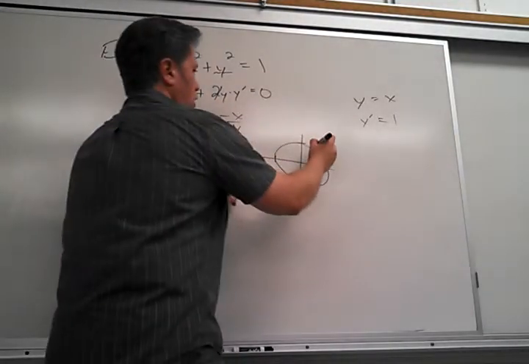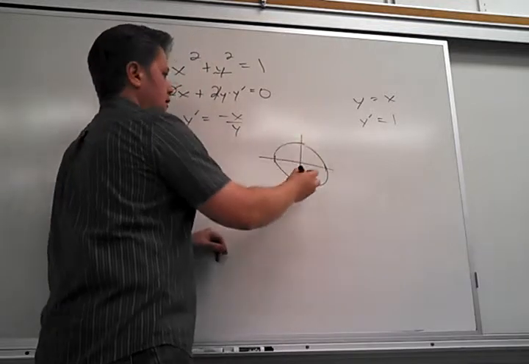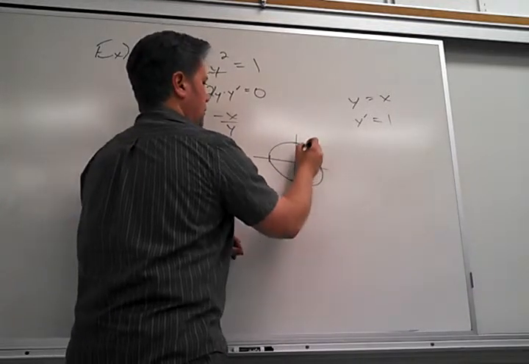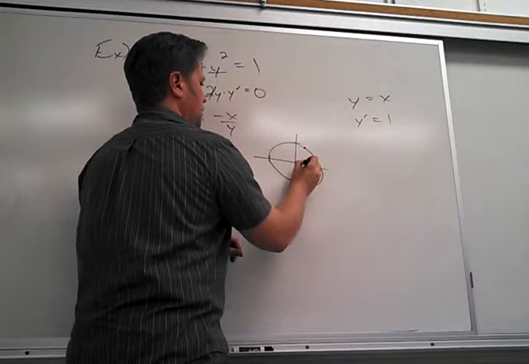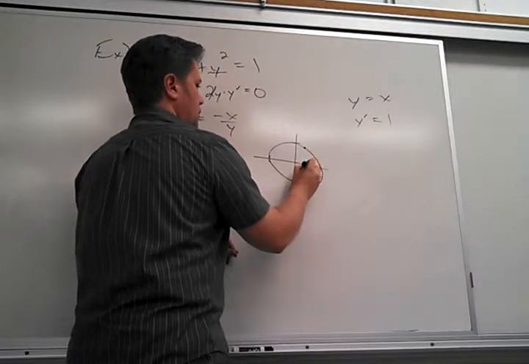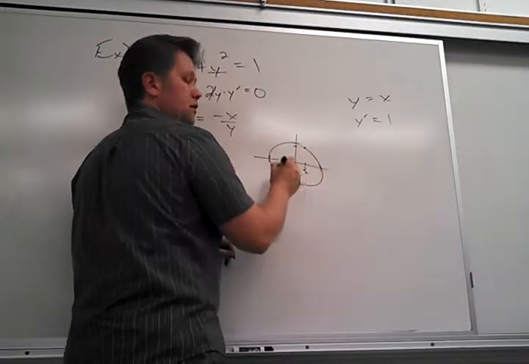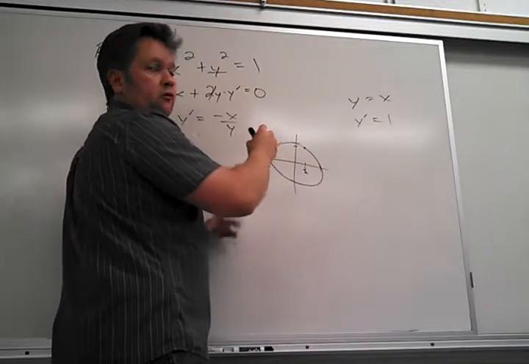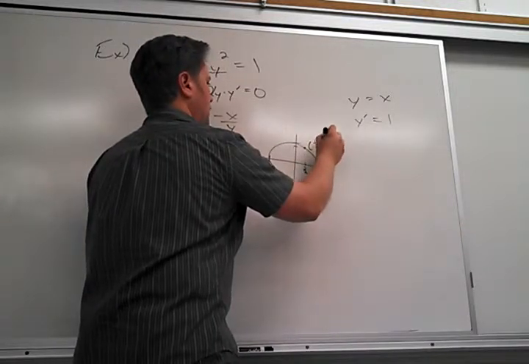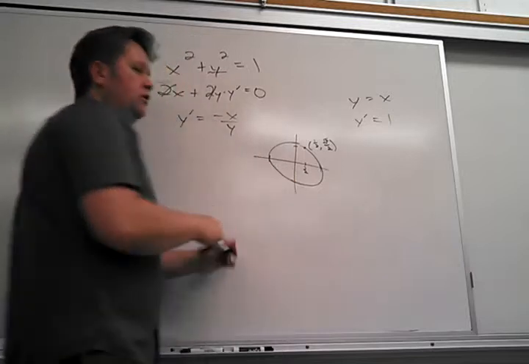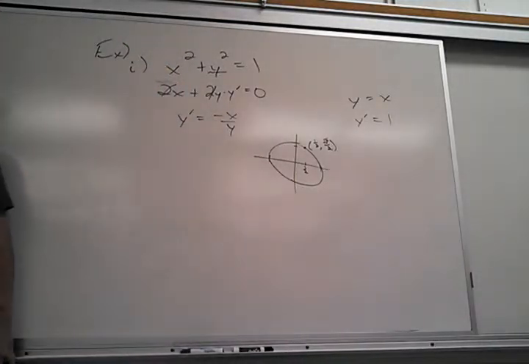So if I want to know the slope at some point, let's say a point that we all hopefully know. If this is 1/2, what's this going to be? Root 3 over 2. So I'm at the point 1/2, root 3 over 2. If I want to know what the slope is there, what's really cool is the derivative is a function of both x and y.